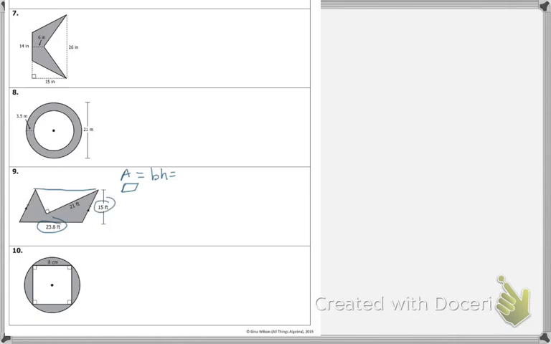Base, height, so we have 23.8 times 15, which is equal to 357. Awesome. Okay, so here's the difficult part. I need to find the area of the triangle.